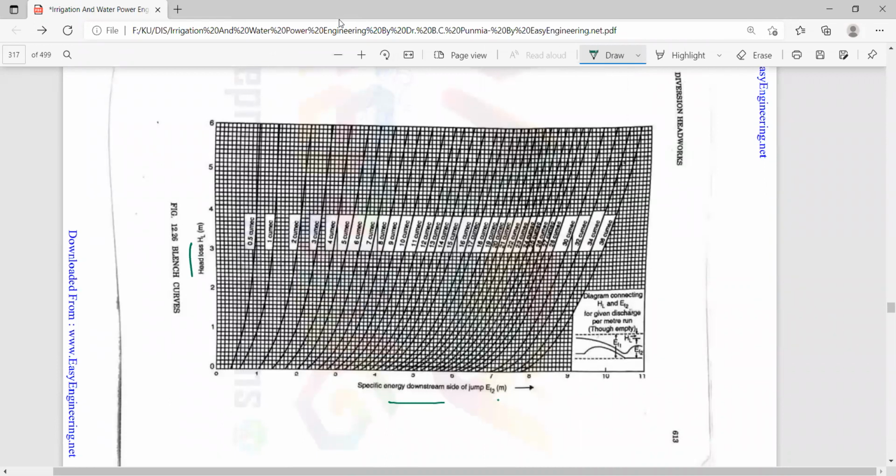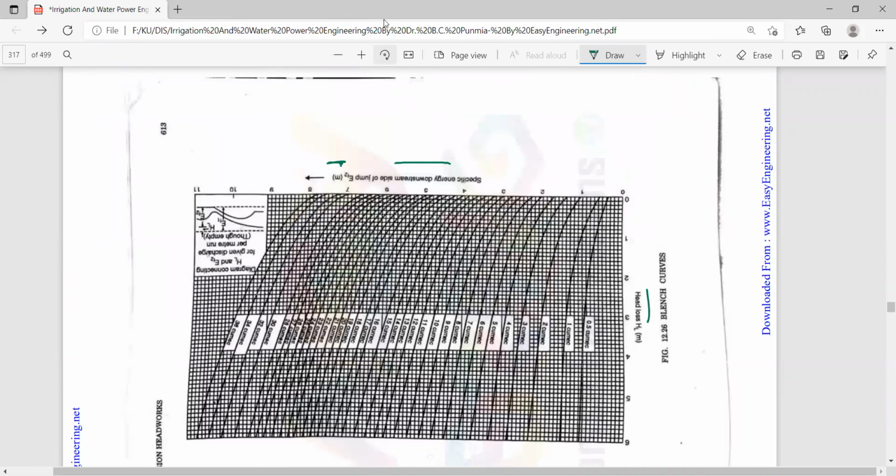For the loss of head of 1.63 meters, these values are selected, so I'll show you those values.